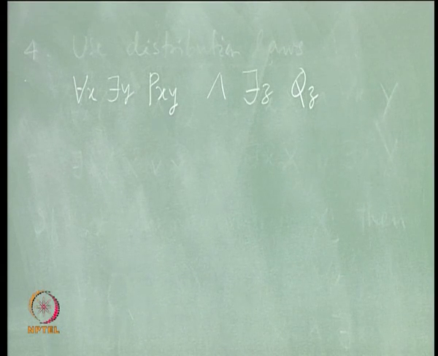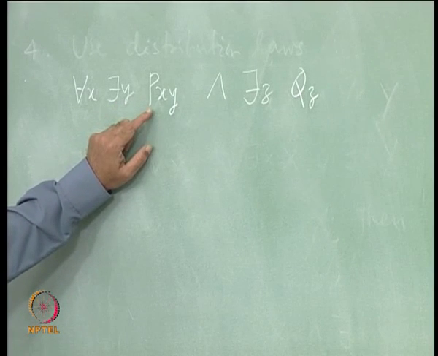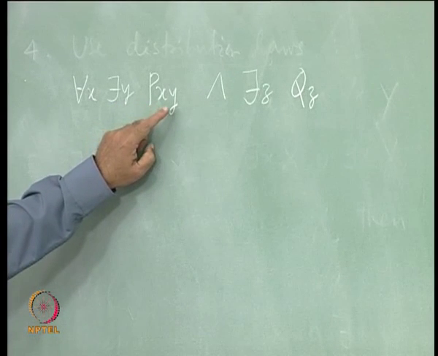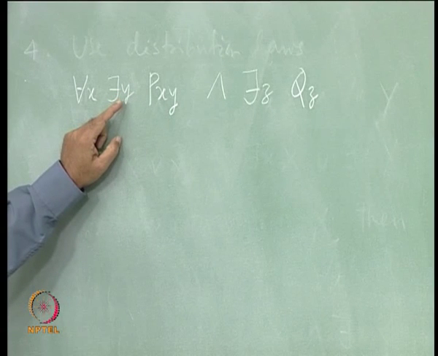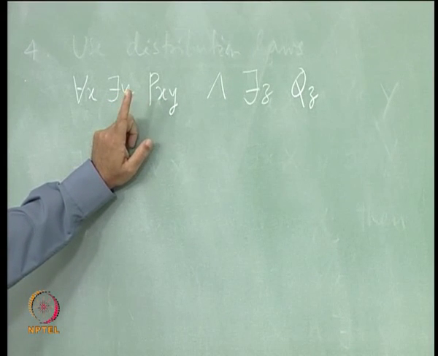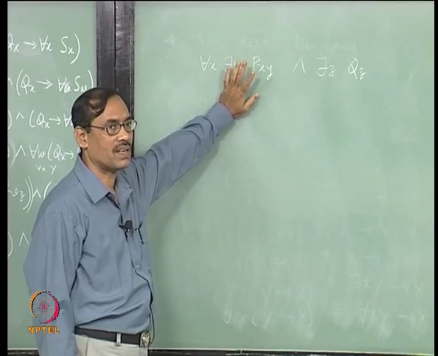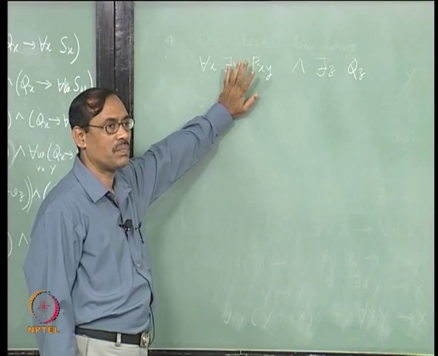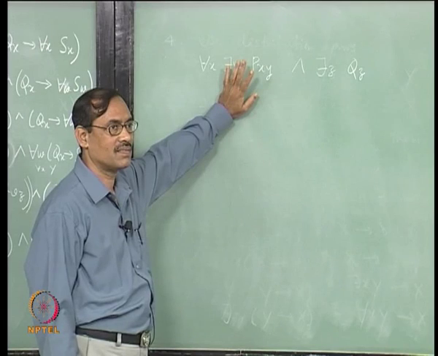Suppose I interpret this sentence in the set of all human beings. Okay. Now, P will be something like, say y is father of x, x has a father, it says x has a father, right. P is for parents, x has some parents. Okay.